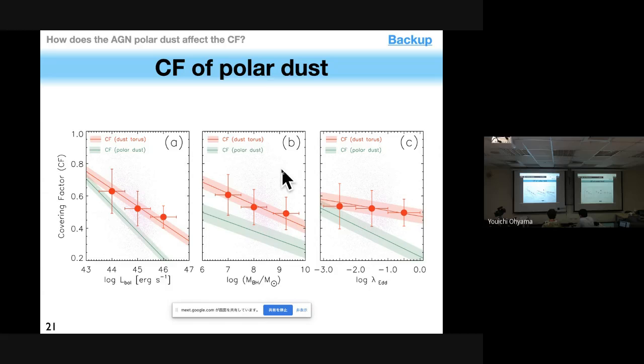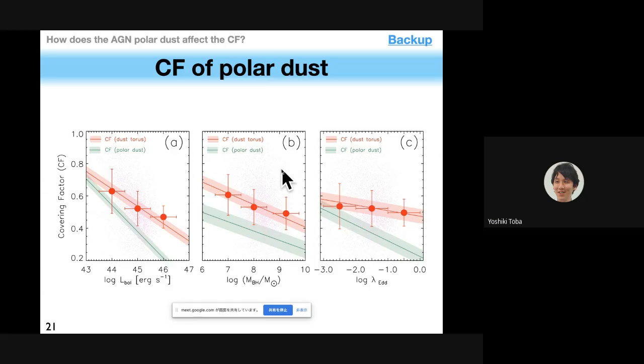I think, yes, you are right. The correlation strength of polar dust is stronger than the covering factor of the dust torus. So this correlation would be much stronger when considering polar dust compared with not considering polar dust, I think.